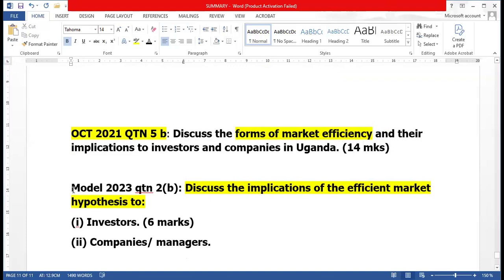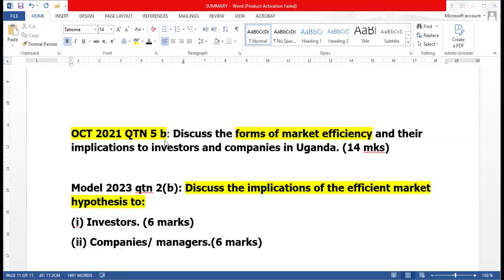Then the model paper, the model 2023 question 2B, where they were asking us to discuss the implications of the efficient market hypothesis to investors, then companies or managers. Also, this was 6 marks. So that's what we are trying to discuss. I believe it is okay.